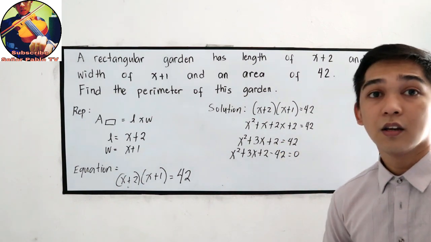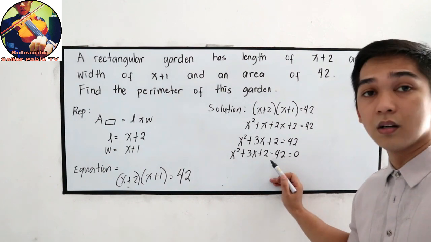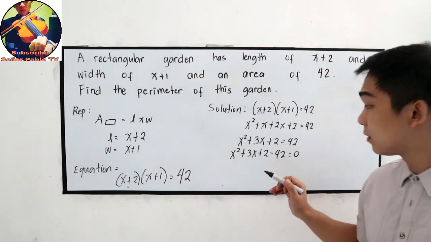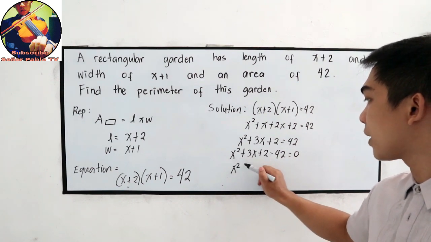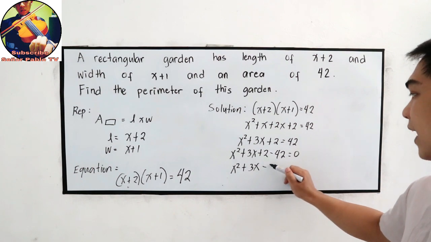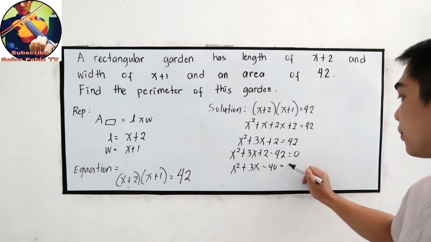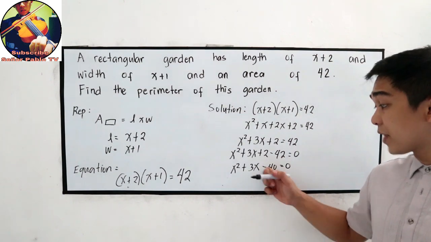Don't forget, if you're going to transpose a number, you need to change the sign. Now, let us combine like terms. X squared plus 3x, 2 minus 42, negative 40 is equal to 0. And now, let us find the factors of negative 40.